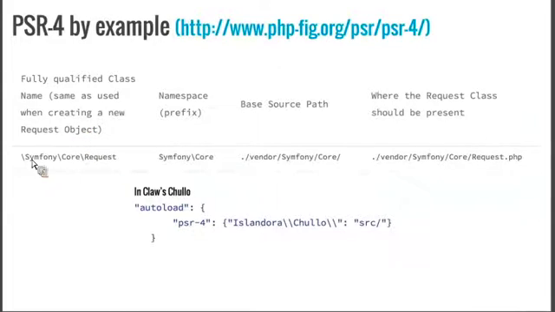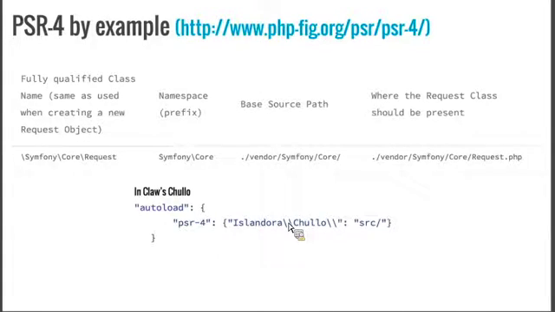We create a new Symfony Core request. And we have this namespace prefix, Symfony Core, that part, without the backslash. And we define that the base source path for our module is vendor Symfony Core. Then PSR-4 will search at vendor Symfony Core Request.php for the file that contains the Request class.